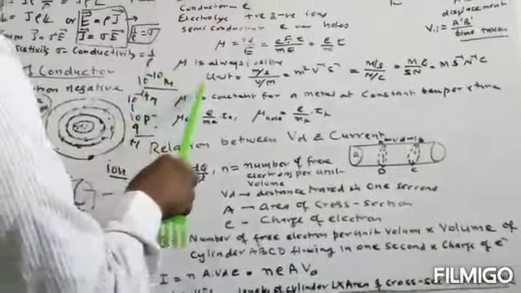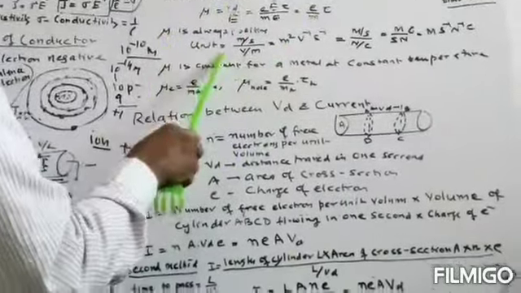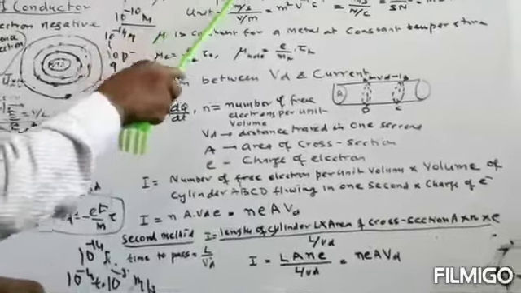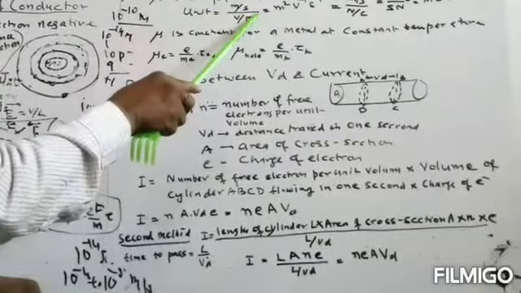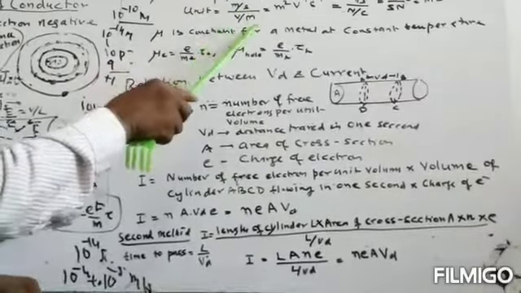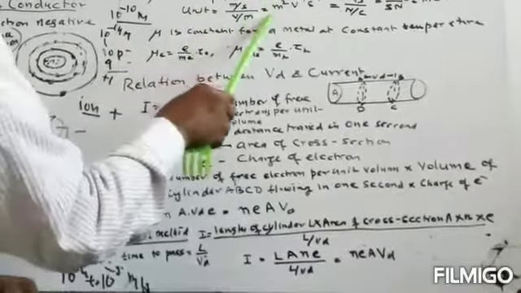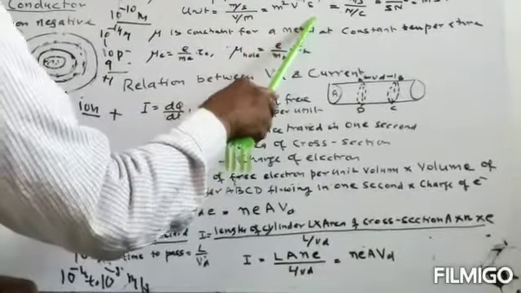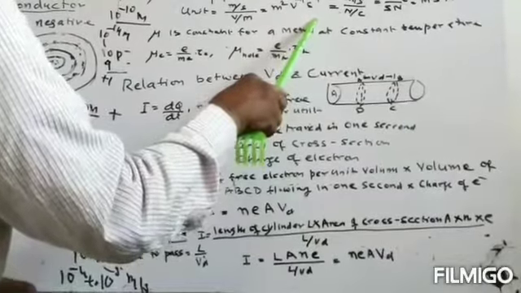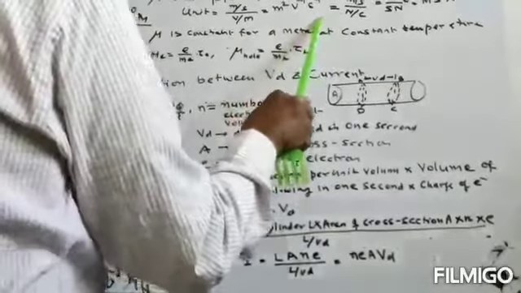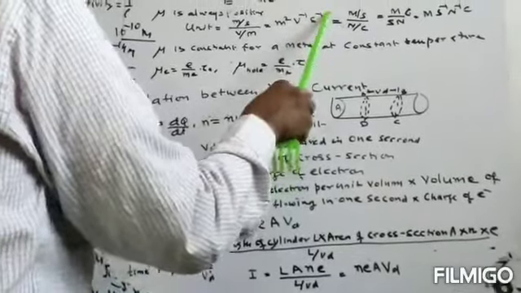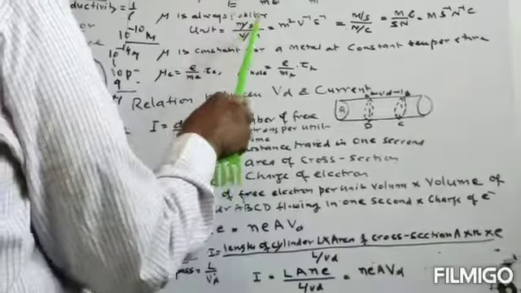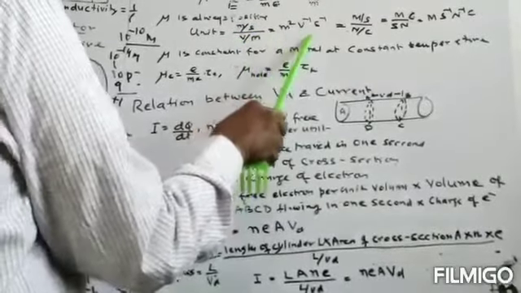Now what will be the unit of mobility? You can write mu is equal to Vd by E, where Vd is in meter per second and electric field is in volt per meter. So it will be equal to meter square divided by volt and second, so the unit is meter square volt minus 1 second minus 1.